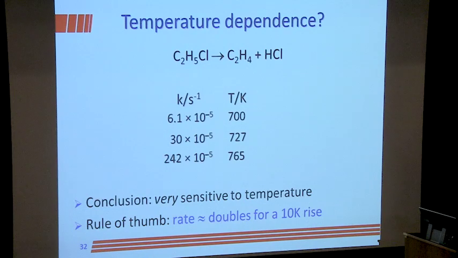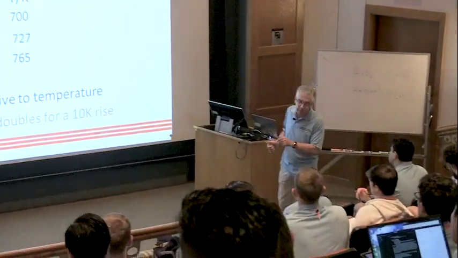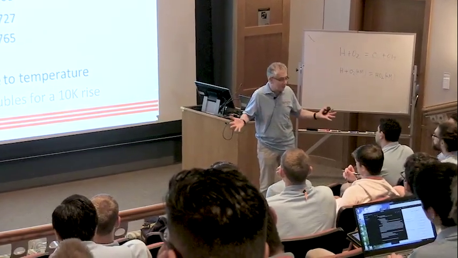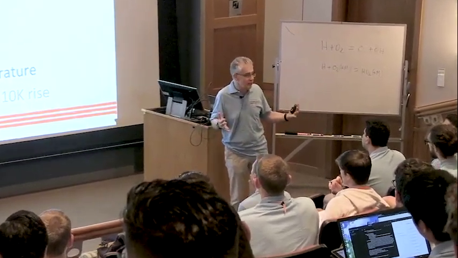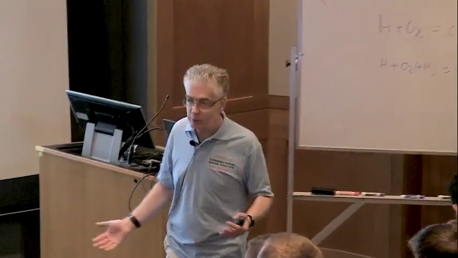At 700 Kelvin, you keep the temperature constant, and you put C2H5Cl into some reactor and measure its concentration as a function of time.